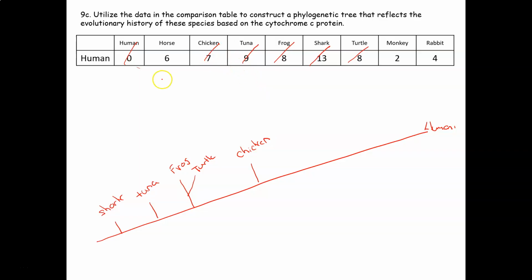All right. Then comes the horse at 6. The rabbit with 4. And then finally that monkey with only 2 differences. And there you go.